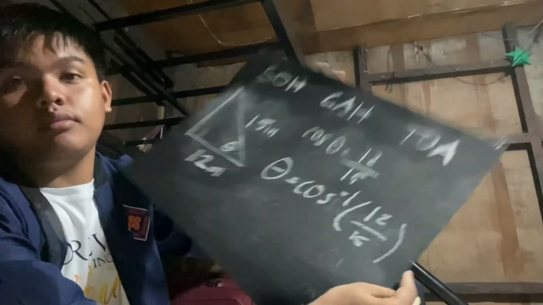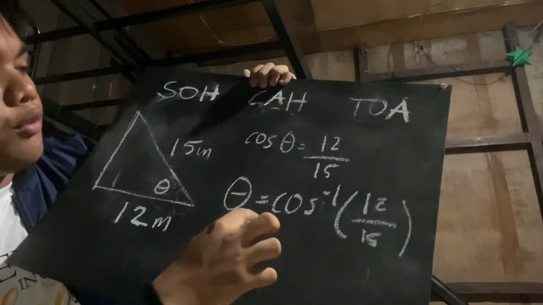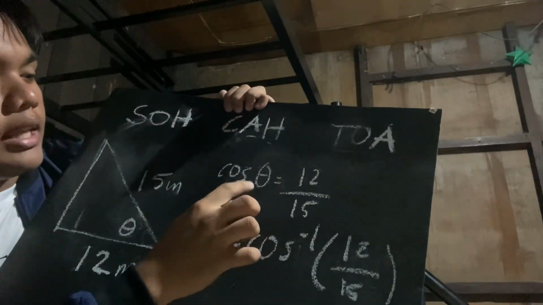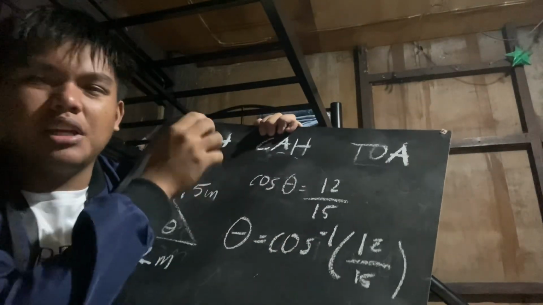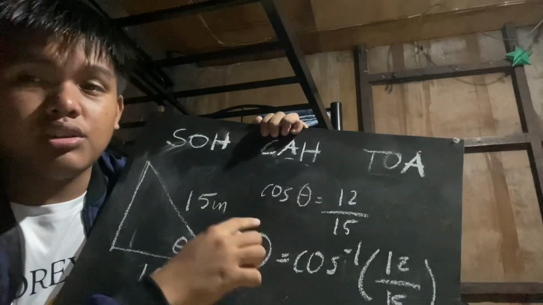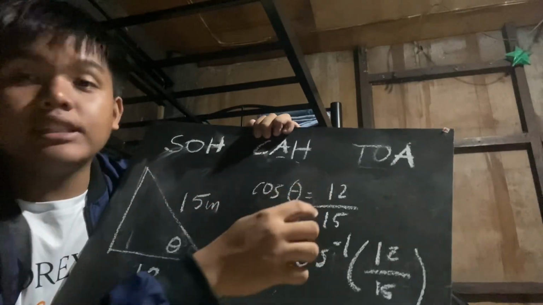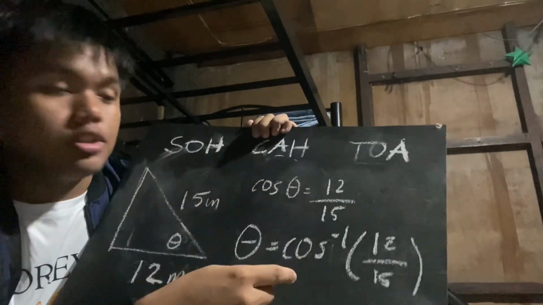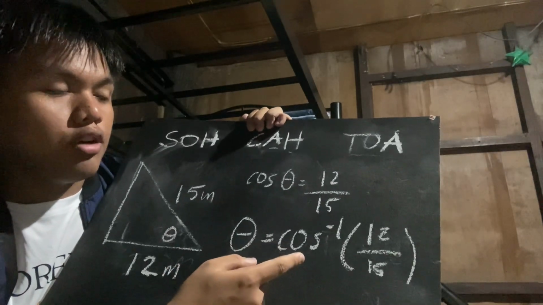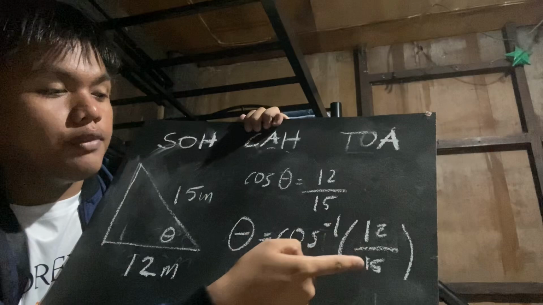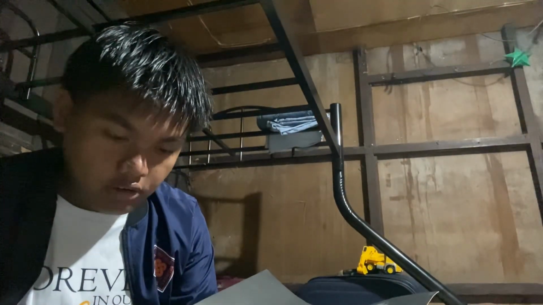Always remember that if you want the theta on its own, don't multiply or divide both sides by cos, tan, or sin. Use the inverse sine, inverse tan, or inverse cos. So theta is equal to inverse cos of 12 divided by 15.